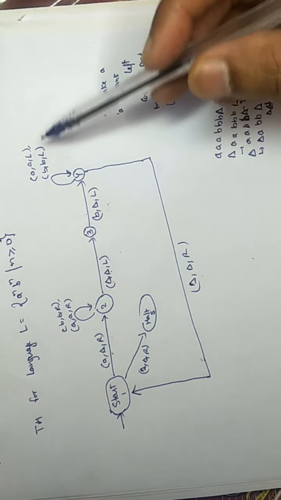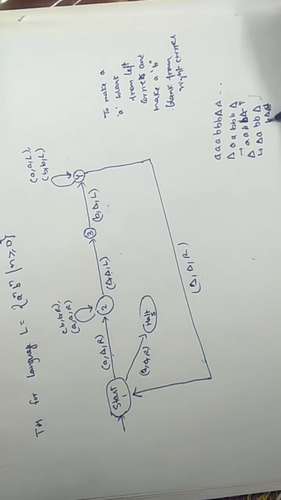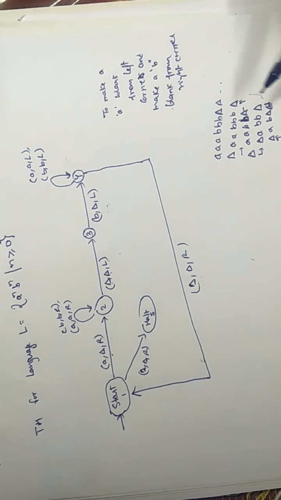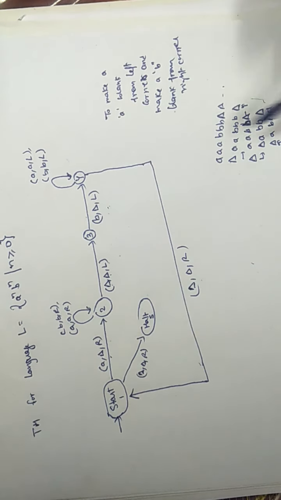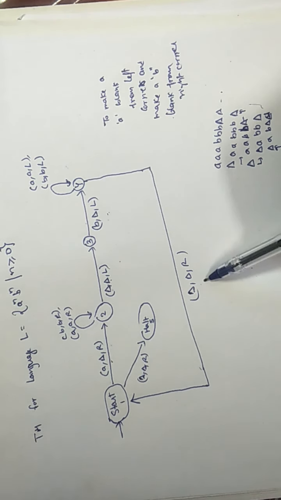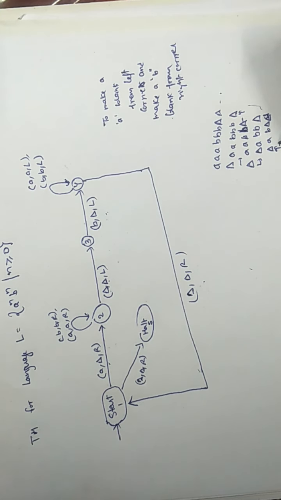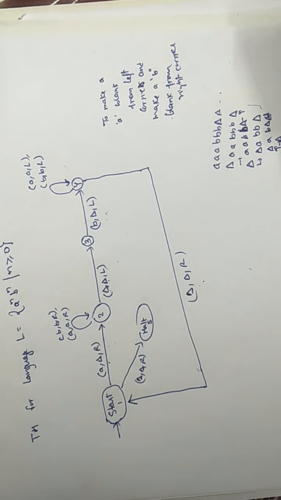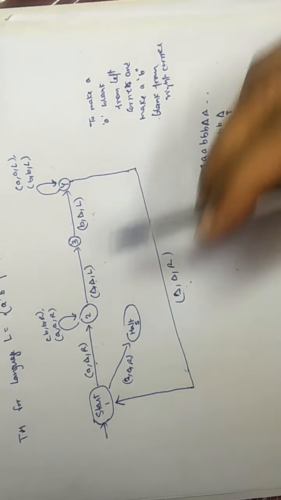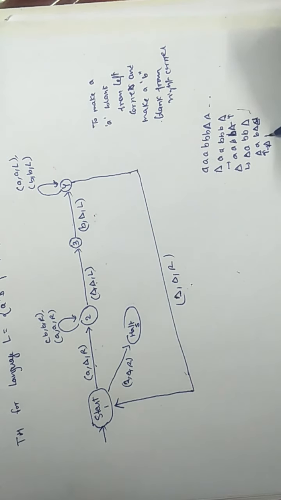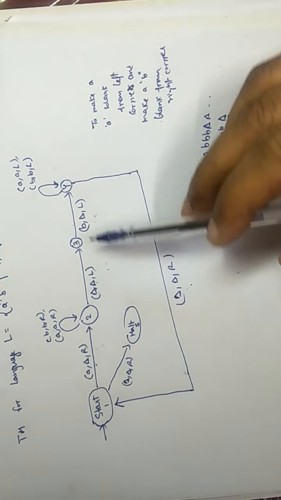Now we are moving toward the left corner, reading B's, reading A's, and here again we get a blank, and to the right of the blank we will get an A and convert this A into blank and move forward to the right corner, getting a blank, moving to the left.